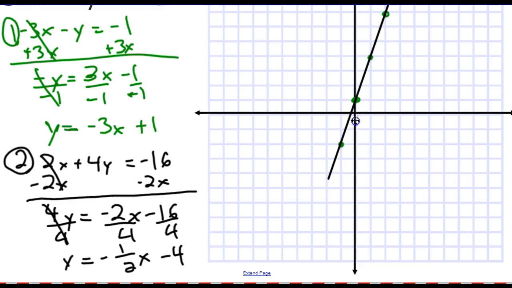So we begin that at negative 4, negative 1, 2, 3, 4. This one we're going down 1 and over 2. So we can create our line then.